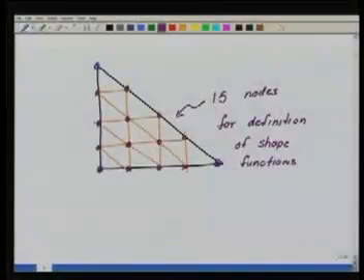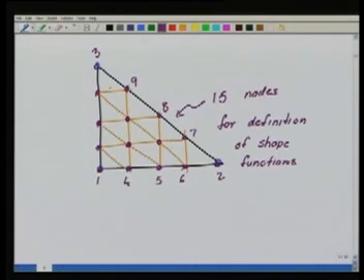For example, if I have to find the shape function corresponding to this one, let's give the numbering 1, 2, 3, this is 4, 5, 6, 7, 8, 9, 10, 11, 12, that's it, 13, 14, 15. So let's say I'm interested in the 11th one. The 11th one should be such that it is 1 at this point and 0 at all other nodes. So how can I choose 4 lines such that the 11th shape function vanishes on all other points?